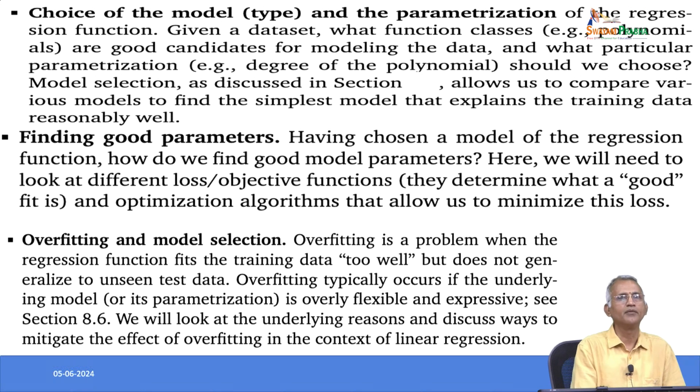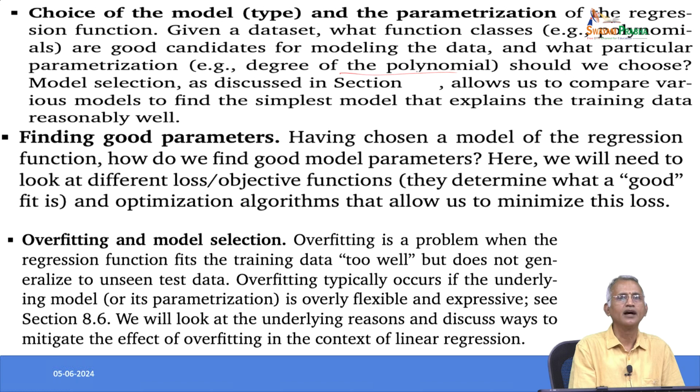Now, the choice of the model and the parameterization of the regression function. Given a data set, what function classes, for example polynomials, are good candidates for modeling the data, and what particular parameterization, that is the degree of the polynomial, should we choose?